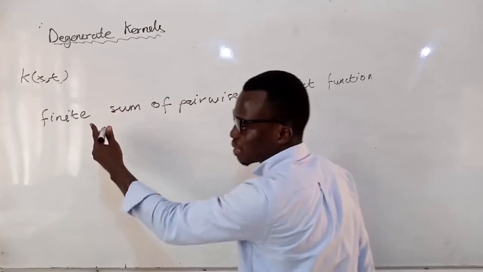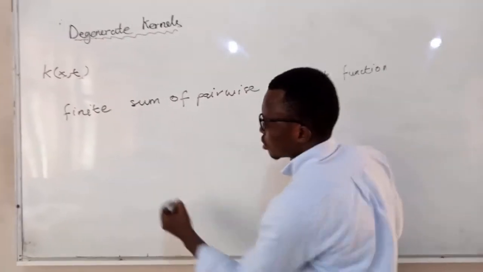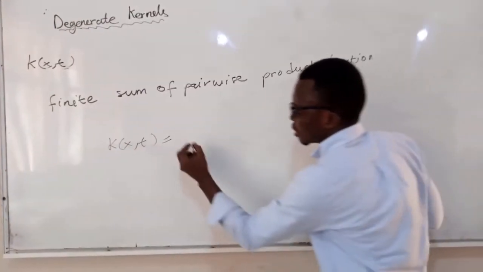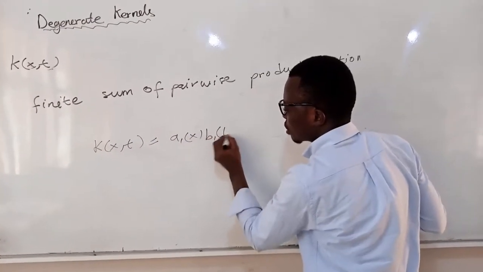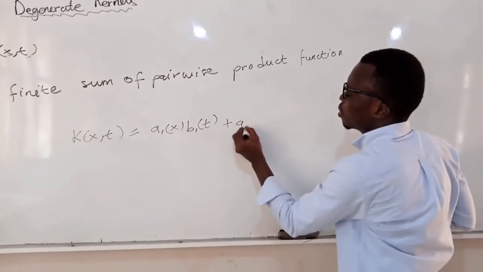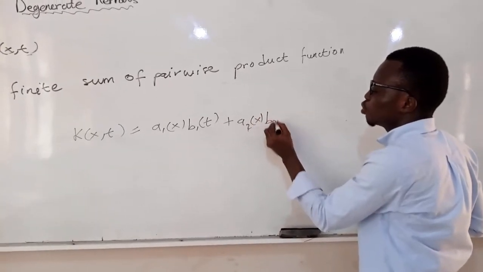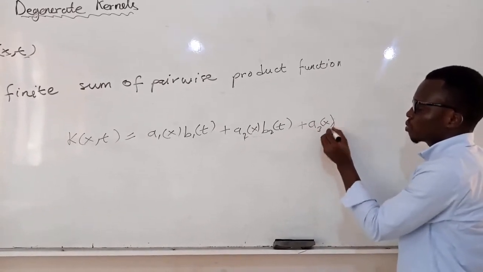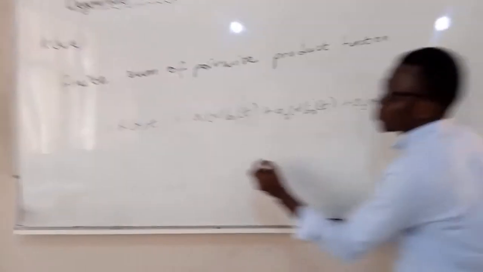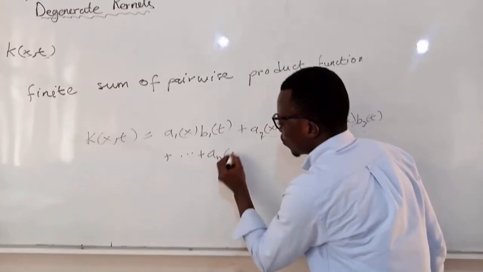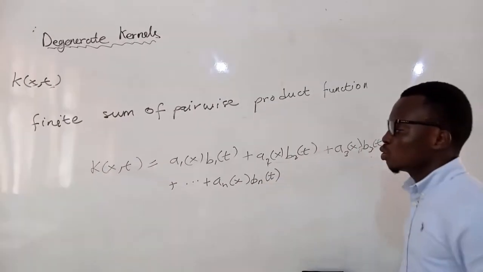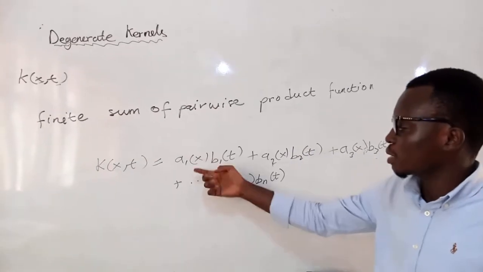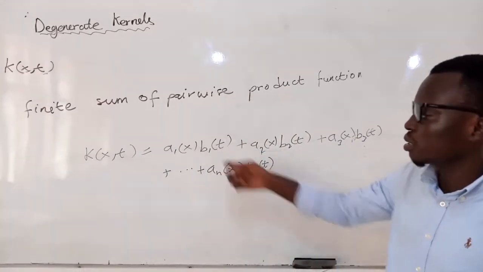So mathematically, I'm going to say that for a degenerate kernel, K of S,T should be equal to A1 of S, B1 of T, plus A2 of S, B2 of T, plus A3 of S, B3 of T, plus up to An of S, Bn of T. And so we are saying that the kernel is a finite sum of pairwise product functions.